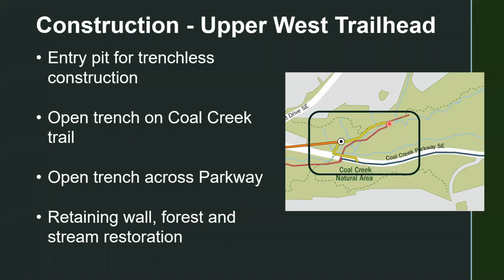This is very close to the area that Jacob showed earlier, where we've had a lot of creek erosion in years past. In fact, there's an existing project being designed right now that hopefully will be built this summer to protect an existing manhole that's there. I suspect that's a slide Jacob will talk about later as well.